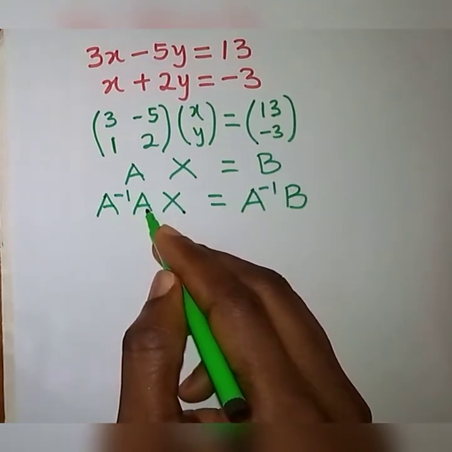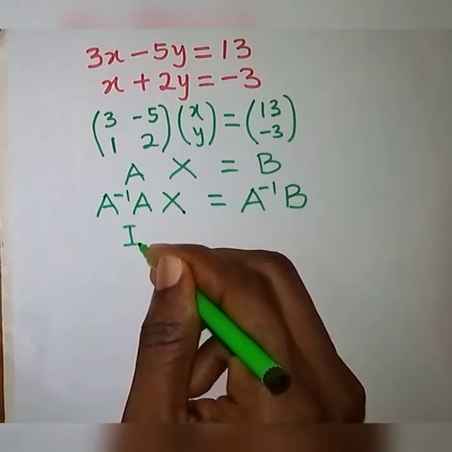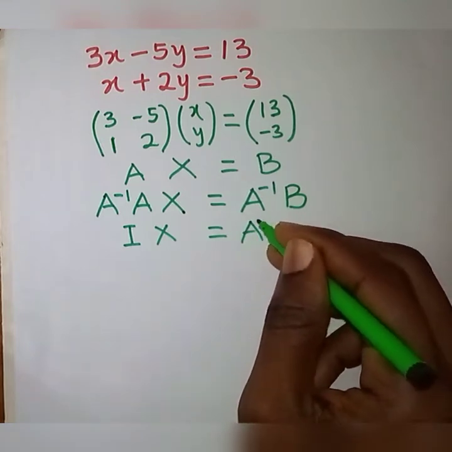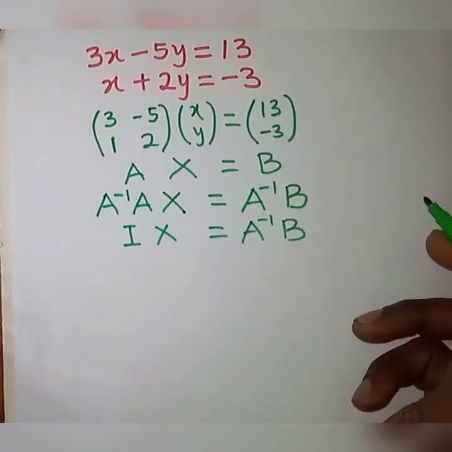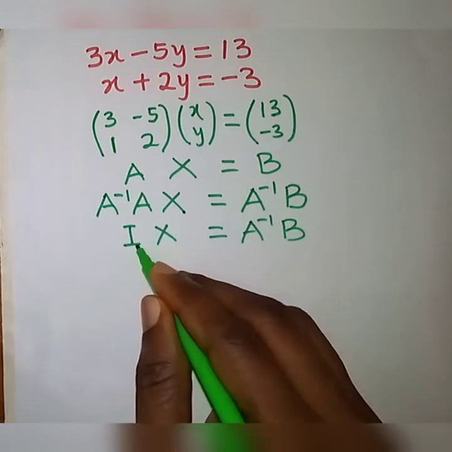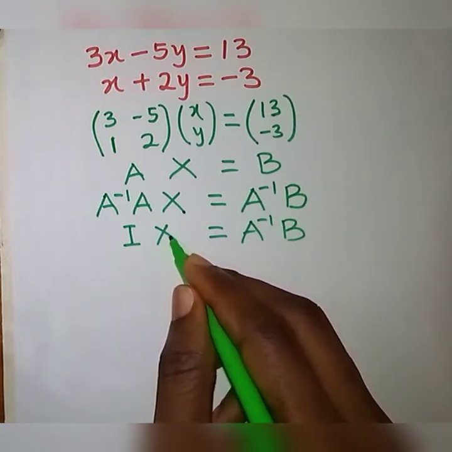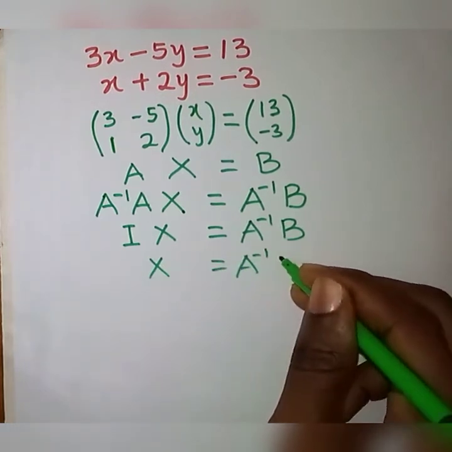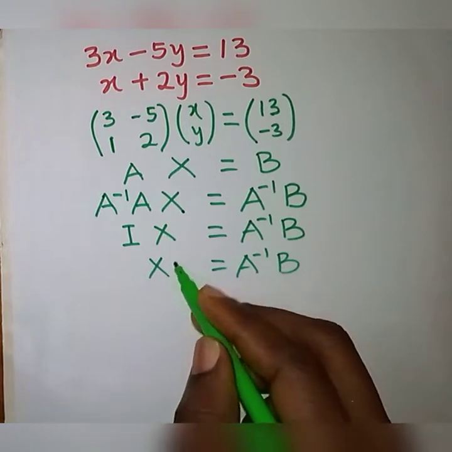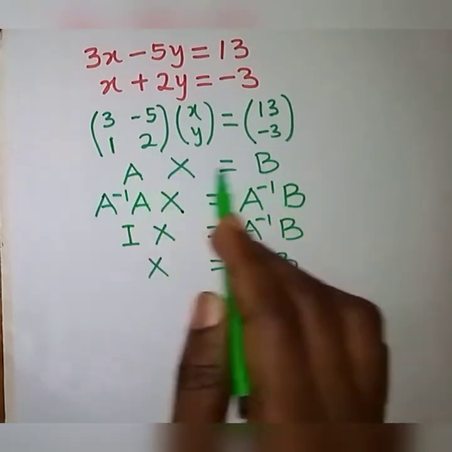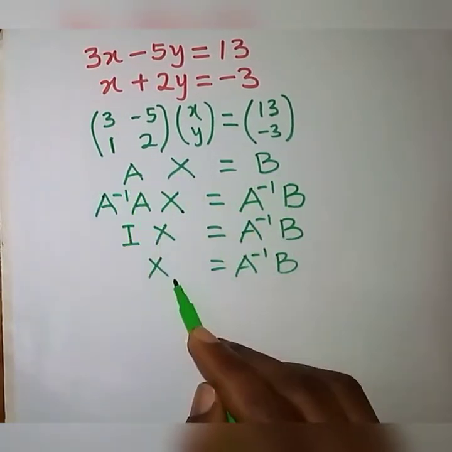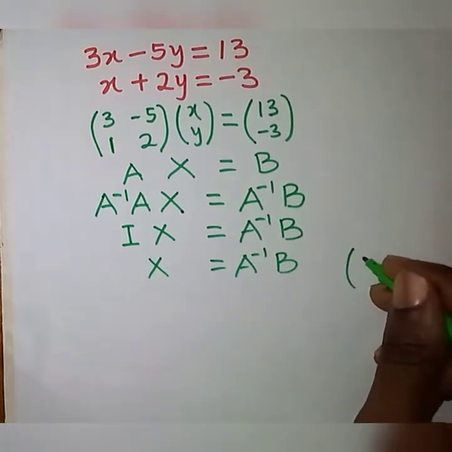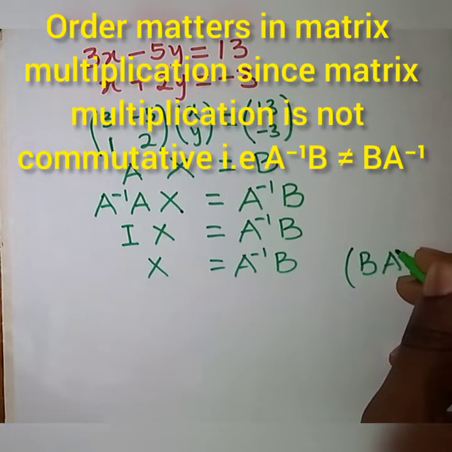So A inverse times A gives us the identity matrix I times x, which is equal to A inverse times B. And I times x, the identity matrix times x, gives us x equals A inverse times B. So the solution to this equation equals A inverse times B and not B times A inverse.